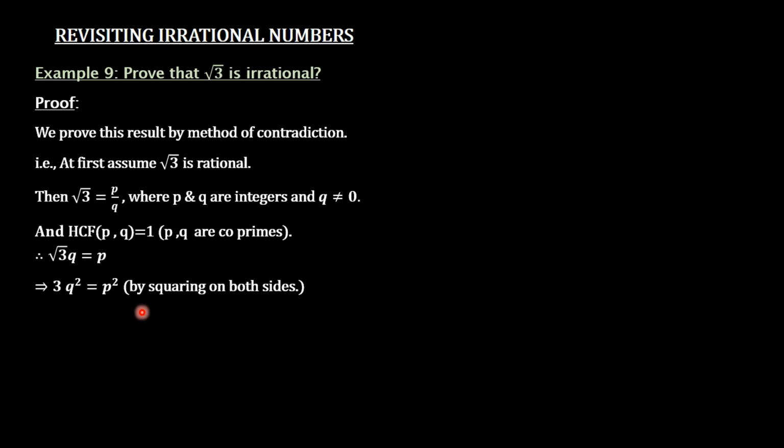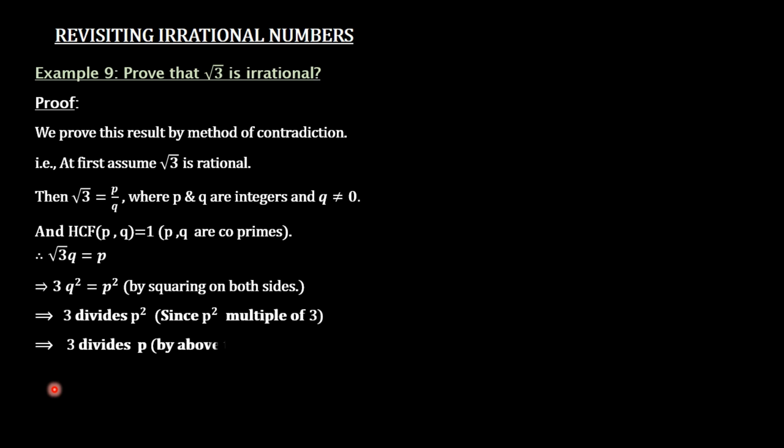As in the previous problem, where 2 divides P square, here 3 divides P square, since P square is a multiple of 3. Then what do we get by our theorem? If 3 divides P square, then 3 divides P.